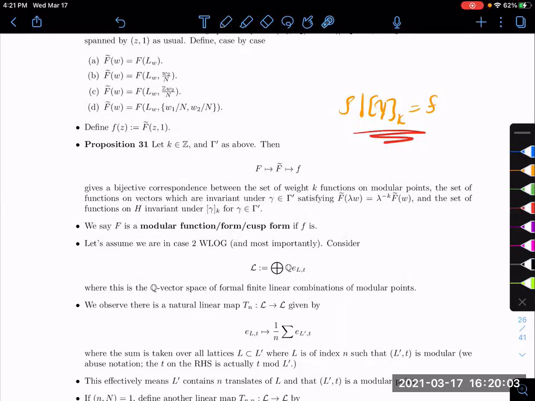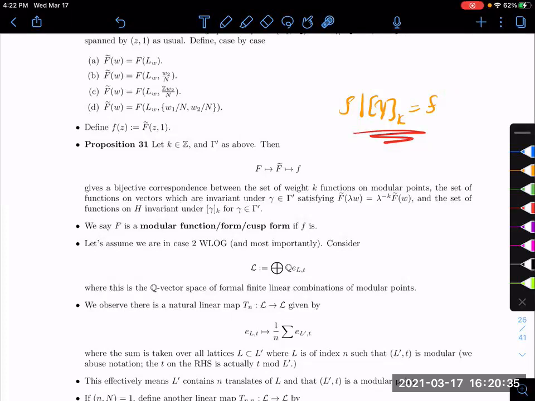So really what happens here is this correspondence is bijective with the set of all functions that satisfy the automorphy condition part of the definition of modular forms. We're not requiring these to be modular forms completely, in the sense that I don't see anywhere here where we are requiring that they satisfy meromorphicity at the cusps, but we want them to at least have the automorphy condition part of the modular forms definition.